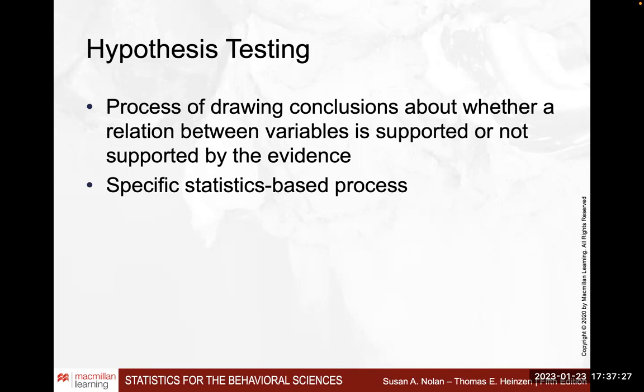Essentially in hypothesis testing, you always first develop a so-called null hypothesis, where you say, I am interested whether there's a difference in blood pressure between diabetics and non-diabetics. My null hypothesis is that there's no difference. Under my research hypothesis, I think there's a difference between diabetics and non-diabetics.